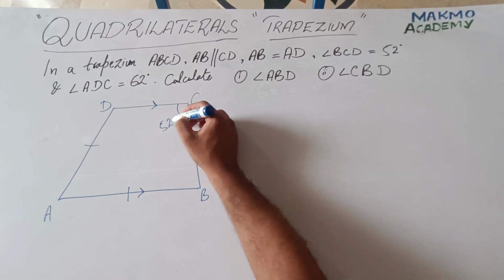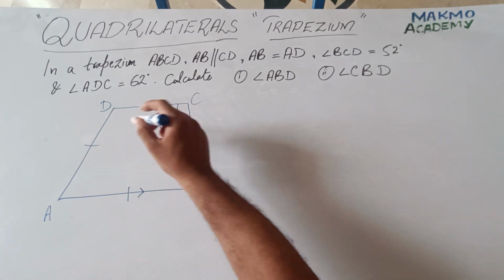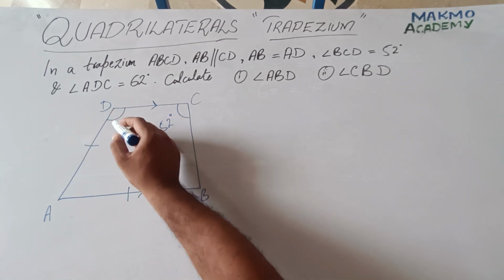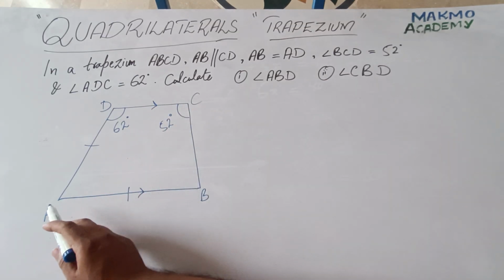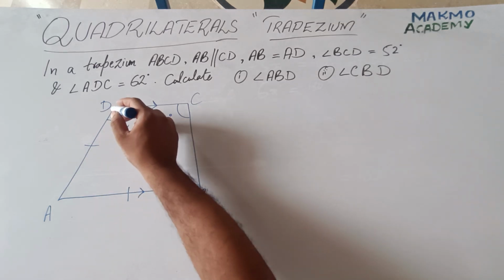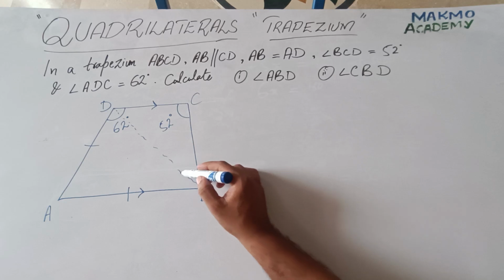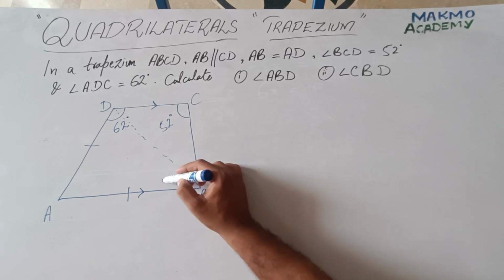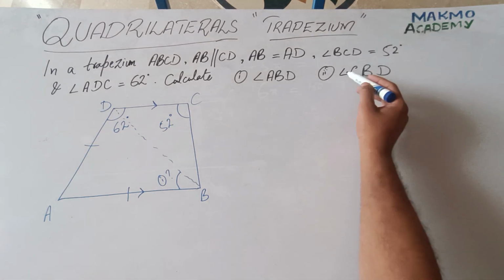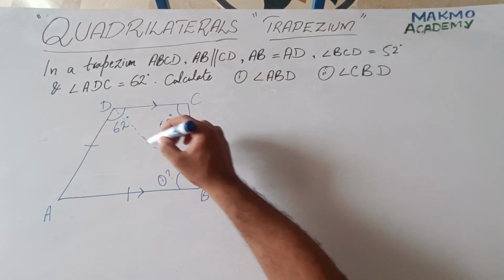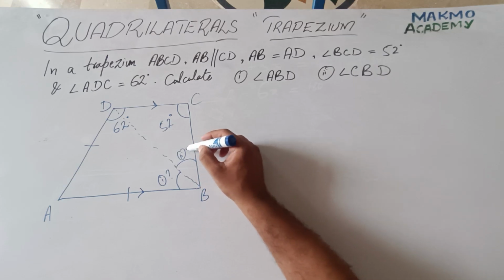So this angle is equal to 52, and angle ADC is equal to 62. Calculate ABD. It means that there is a diagonal which needs to be drawn. So we need to find out this angle in the first part, and angle CBD, we need to find out this angle in the second part.